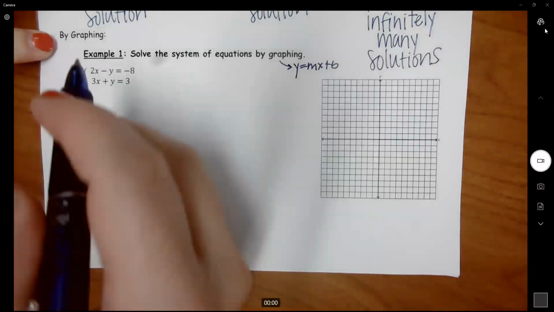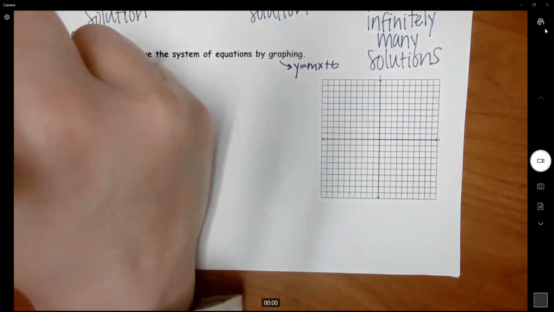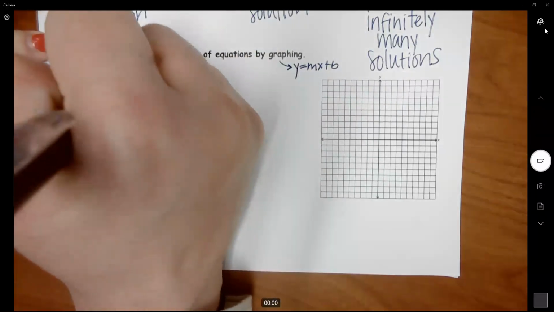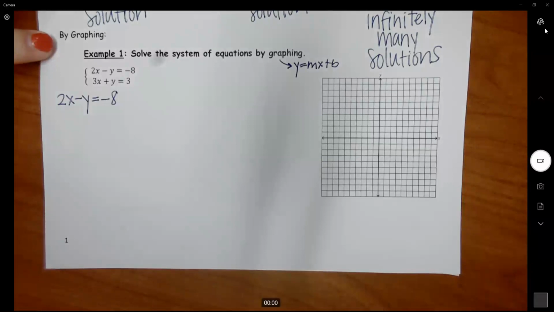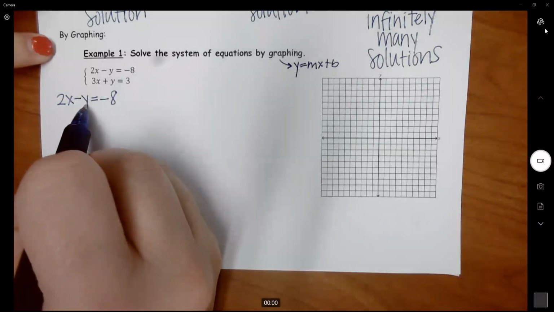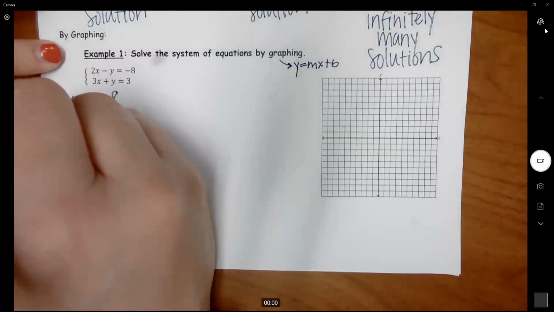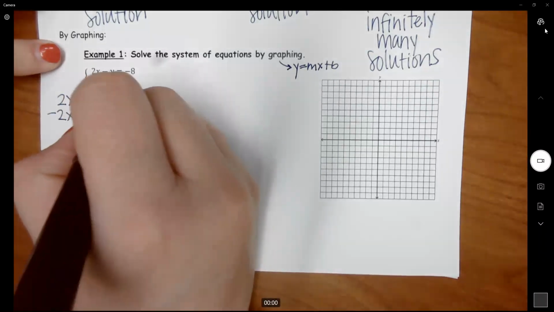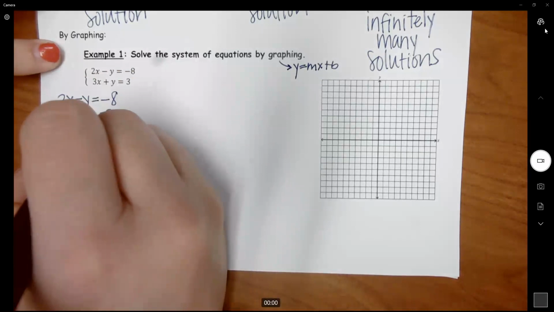So my first equation here, 2x minus y equals -8. Solve this for y. So I'm going to subtract my 2x over. Don't forget that negative.